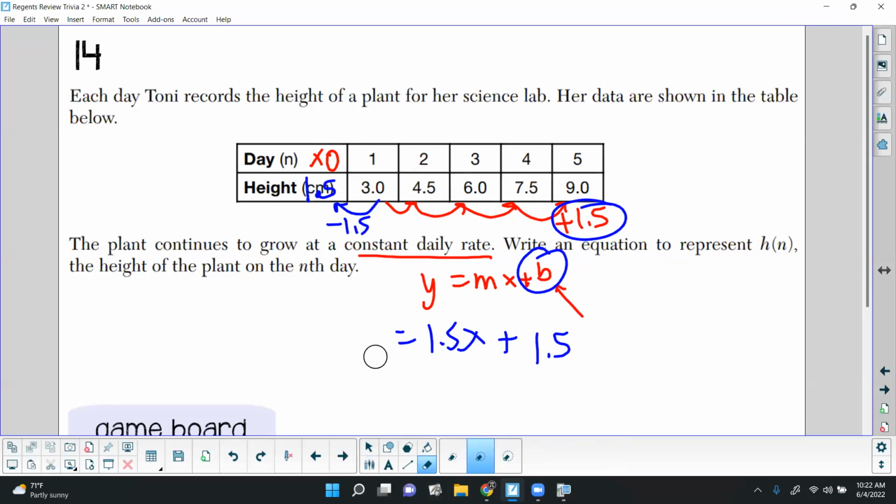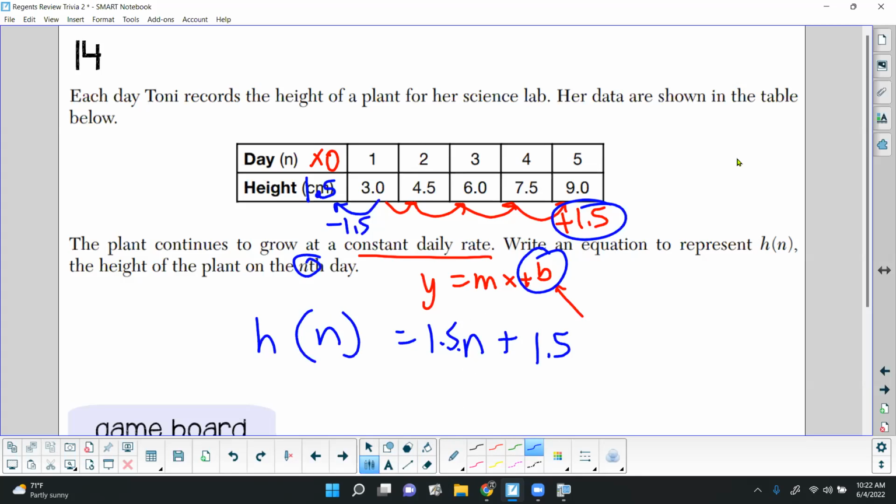So I can't use the letter y, I have to use the letter h of n. And I literally have to use the letter n. So you see when I have y equals mx plus b here, I have to go in and modify it. So technically it's h of n equals 1.5n plus 1.5.